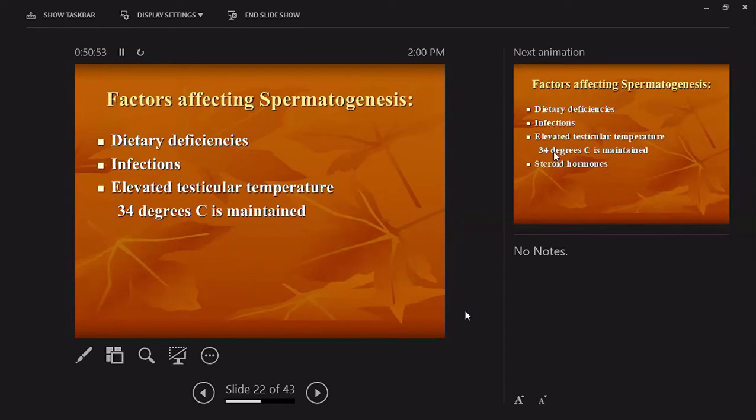That's why, pag medyo giniginaw tayo, when you put your hands between your legs, medyo mainit kasi it's 34 degrees centigrade. Huwag naman sobrang taas, 41, because that will already be detrimental to your sperm development.